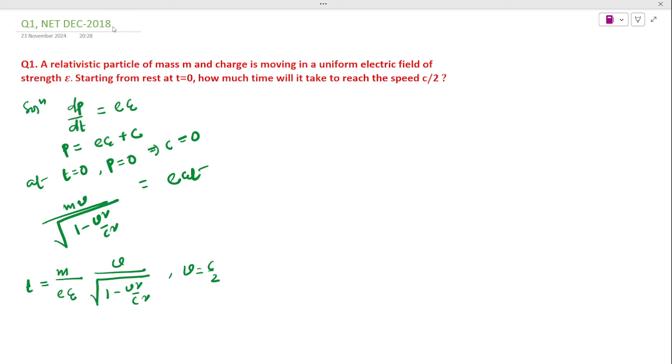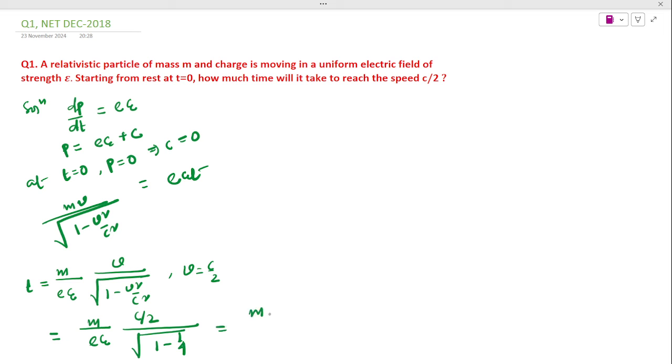Putting v equal to c by 2, we get t equal to m by E epsilon times c by 2 over root over 1 minus 1 by 4.